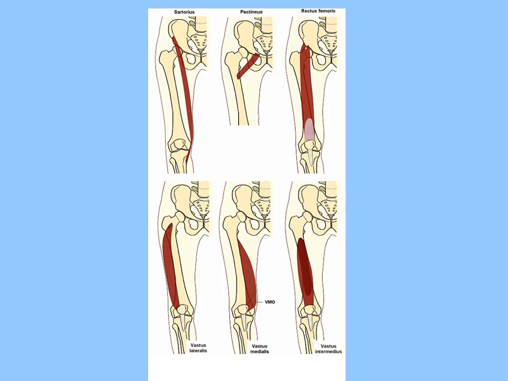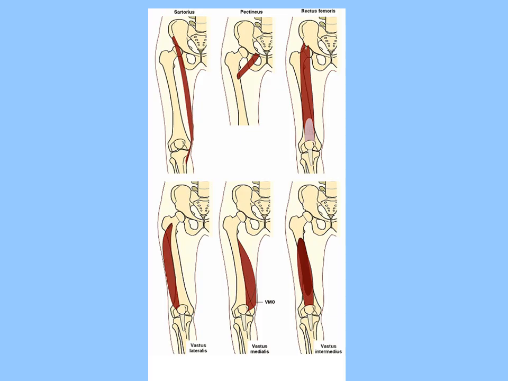The pectineus is next. The pectineus is a deep hip flexor and adductor. It goes from the pectineal line of the innominate to the femur. The rectus femoris is a hip flexor, especially to 90 degrees.